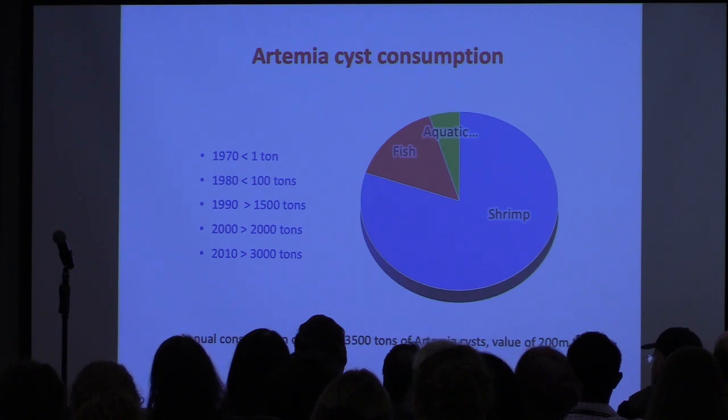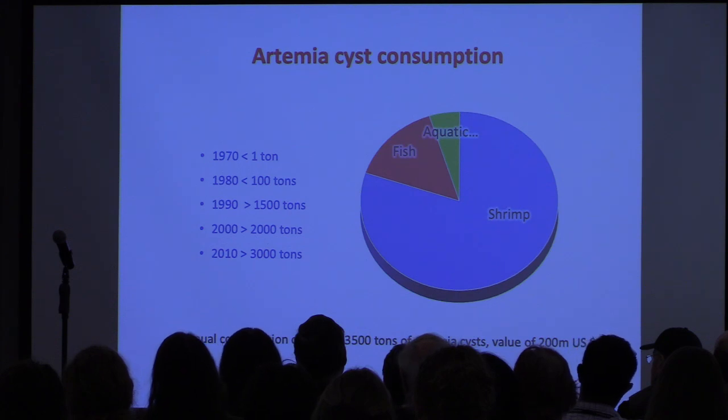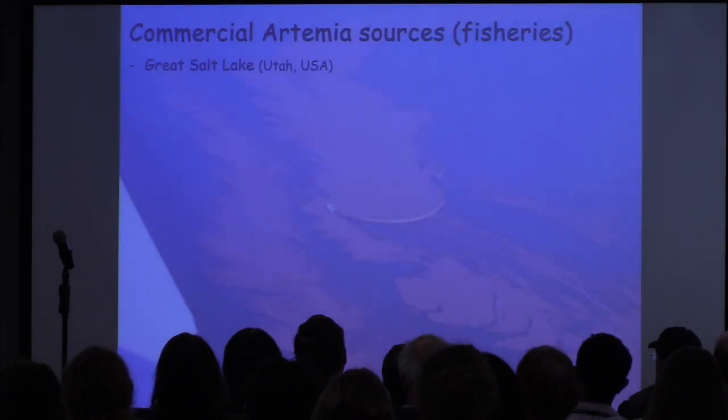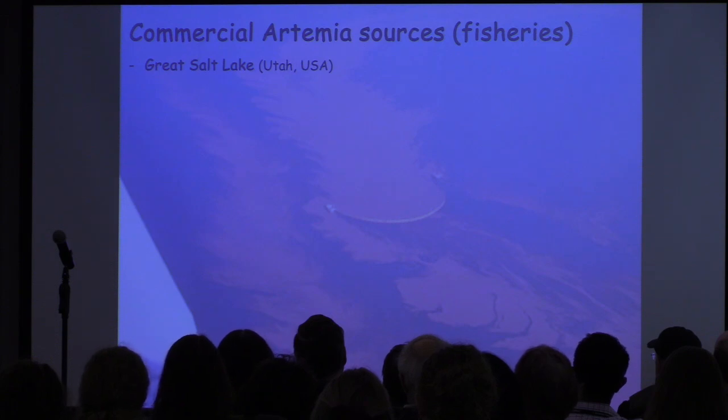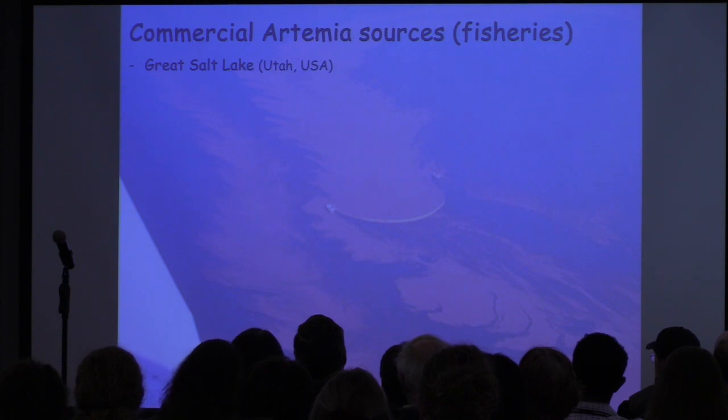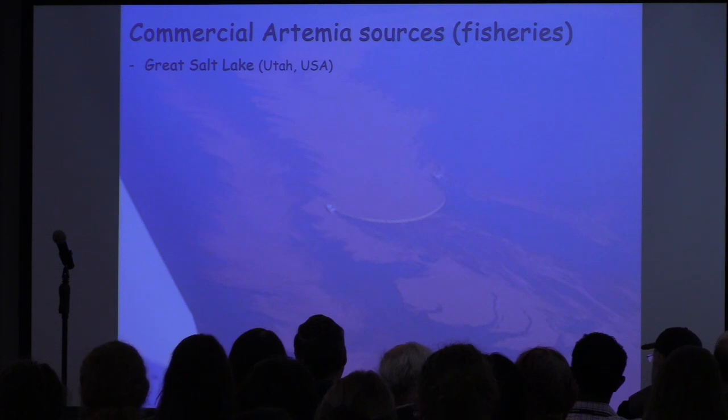This has really expanded exponentially over the years, and so today we are at over 3,000 metric tons of Artemia cysts consumed all over the world in hatcheries for shrimp, for crab, for marine fish, etc. There have been periods of more than 50%, but still today, and for quite a number of years now, nearly 40 to 50% of the world's provision of Artemia cysts comes from the Great Salt Lake.